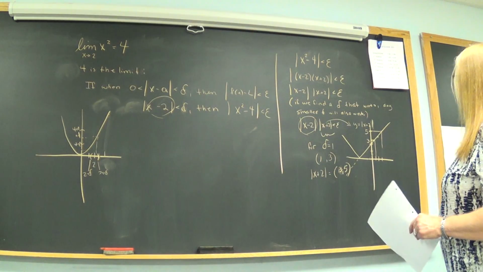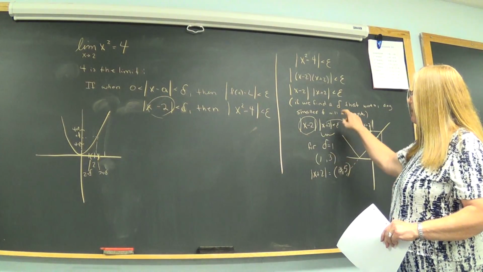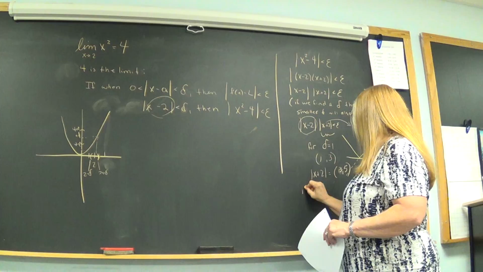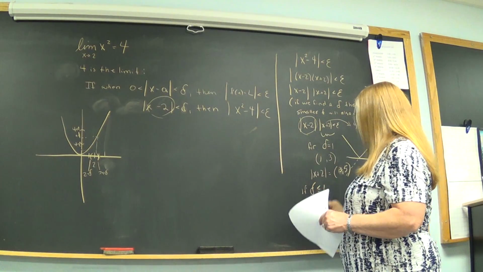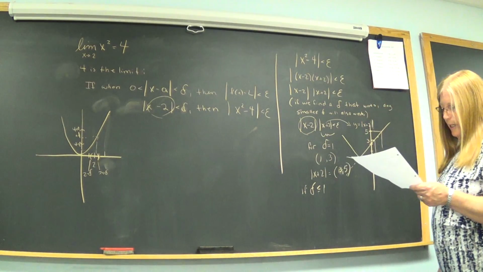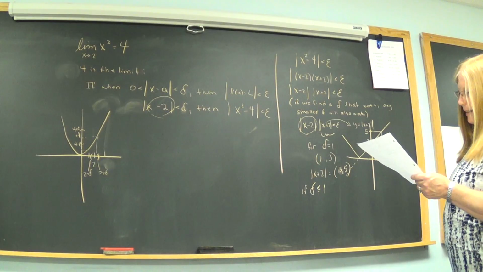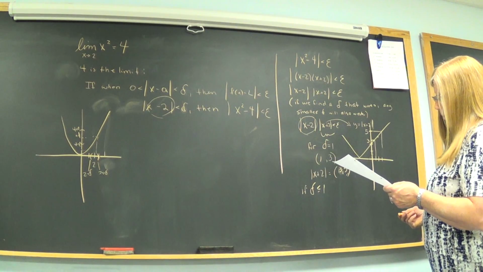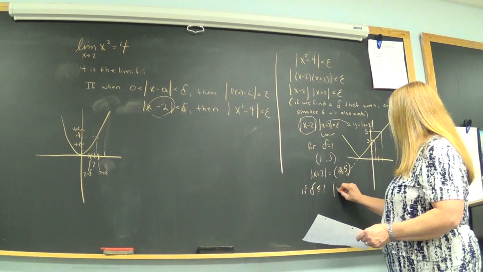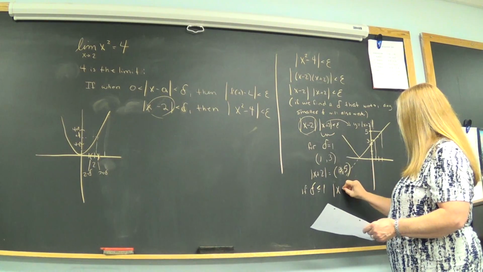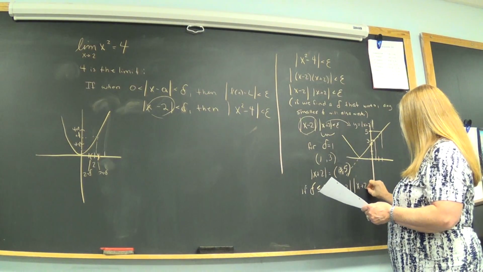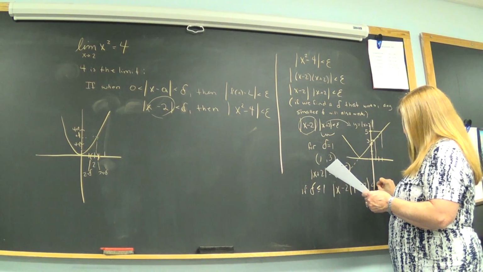So if delta equals 1, or is less than 1, so for delta less than or equal to 1, then we have a good situation. We have the absolute value of x minus 2 times the absolute value of x plus 2 is less than epsilon.